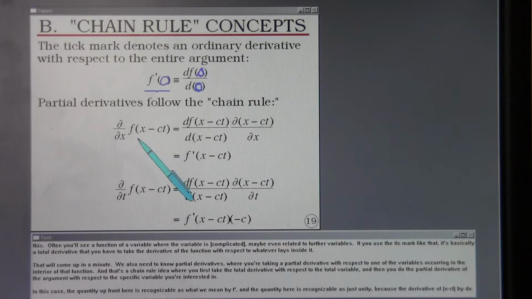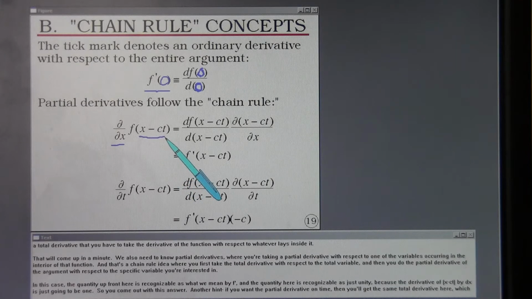We also need to know partial derivatives, where you're taking a partial derivative with respect to one of the variables occurring in the interior of that function. That's a chain rule idea, where you first take this total derivative with respect to the total variable, and then you do the partial derivative of the argument with respect to the specific variable you're interested in.